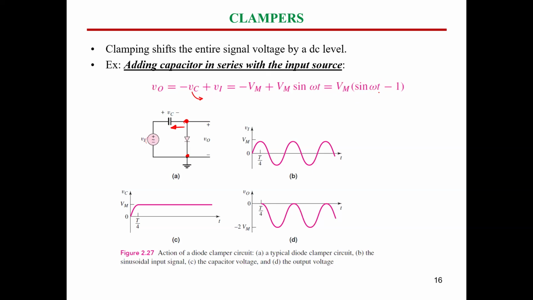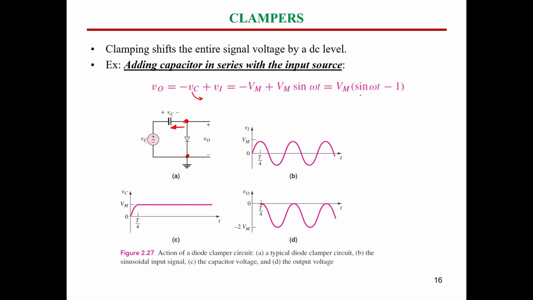So let's say at omega t equals, for instance, 90 degrees. At 90 degrees, sine omega t is going to be 1, so 1 minus 1 equals 0. So the waveform will be 0, as you can see here.